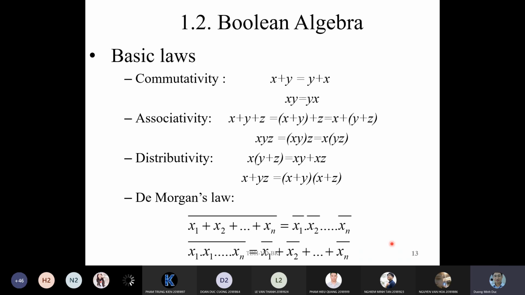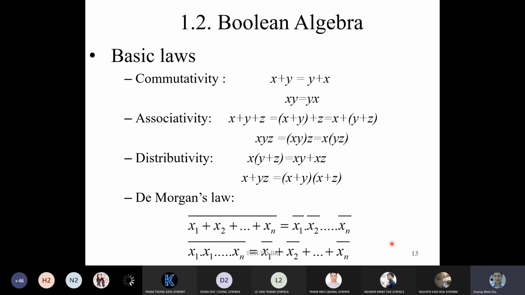So the first basic law that I want to talk to you about is commutativity. The commutativity is x plus y equals y plus x, and x multiply y equals y multiply x.